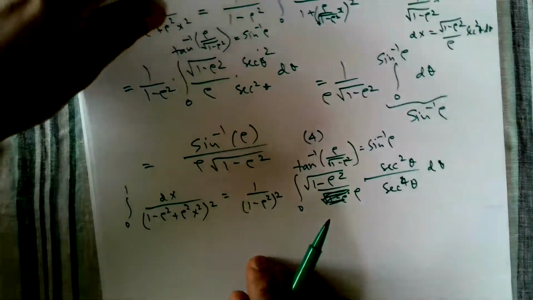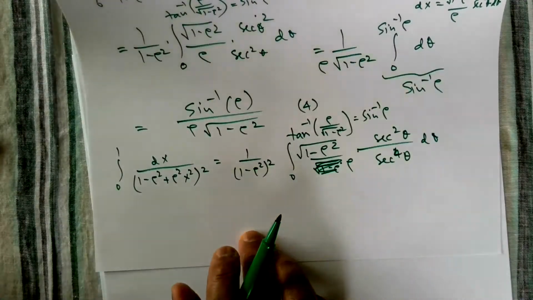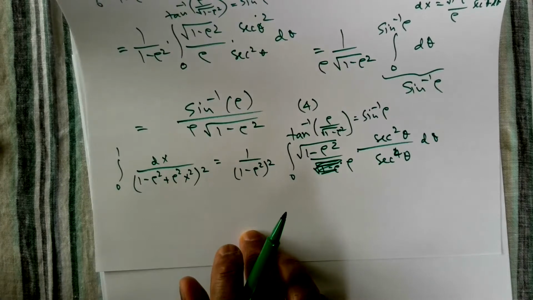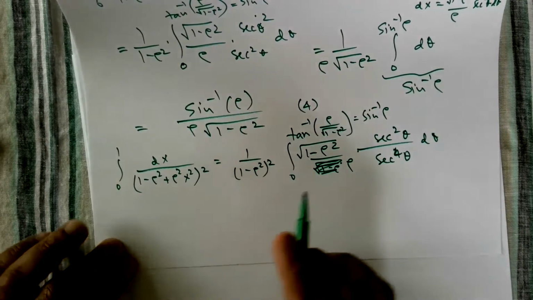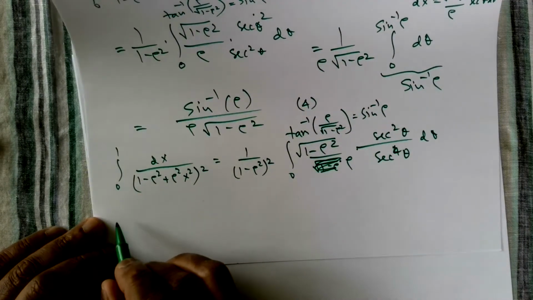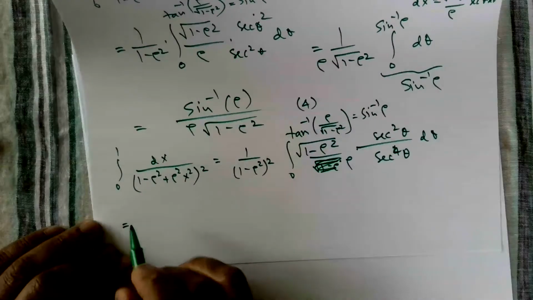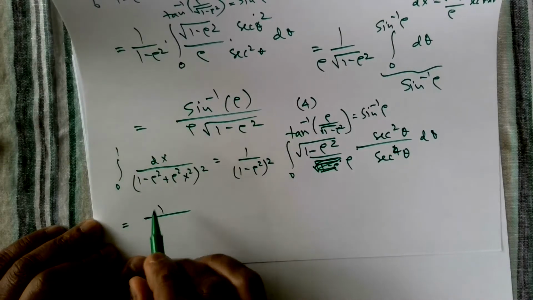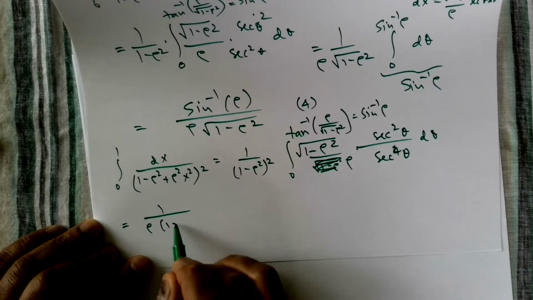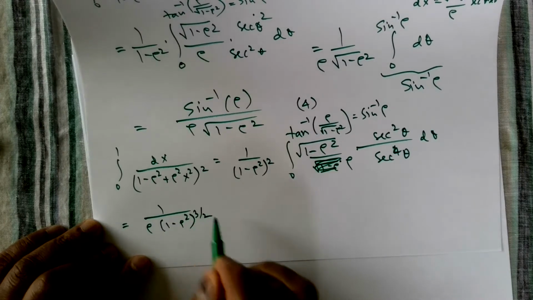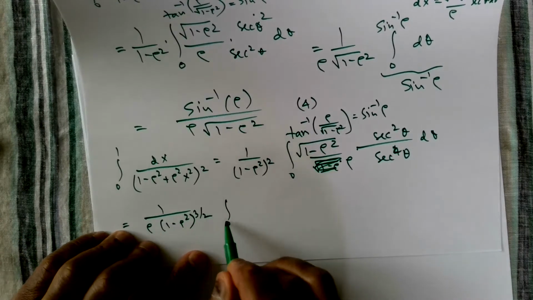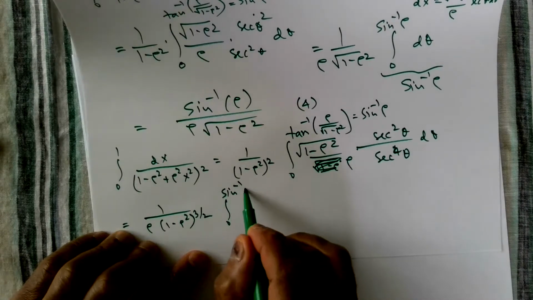So I'm going to write it as 1 plus cos 2 theta over 2. So let me simplify these things. So this turns out to be 1 over rho multiplied by 1 minus rho squared to the power 3 by 2, integral from 0 to sine inverse rho.